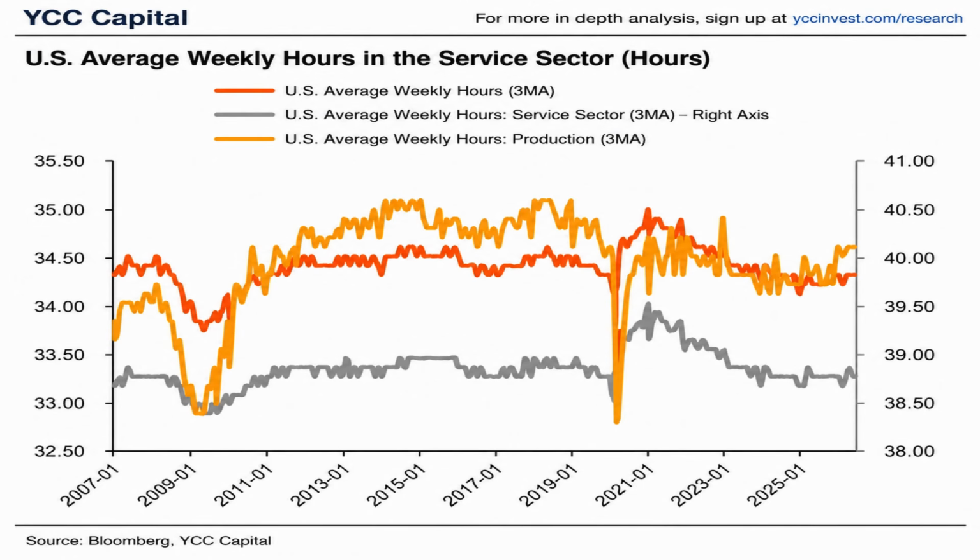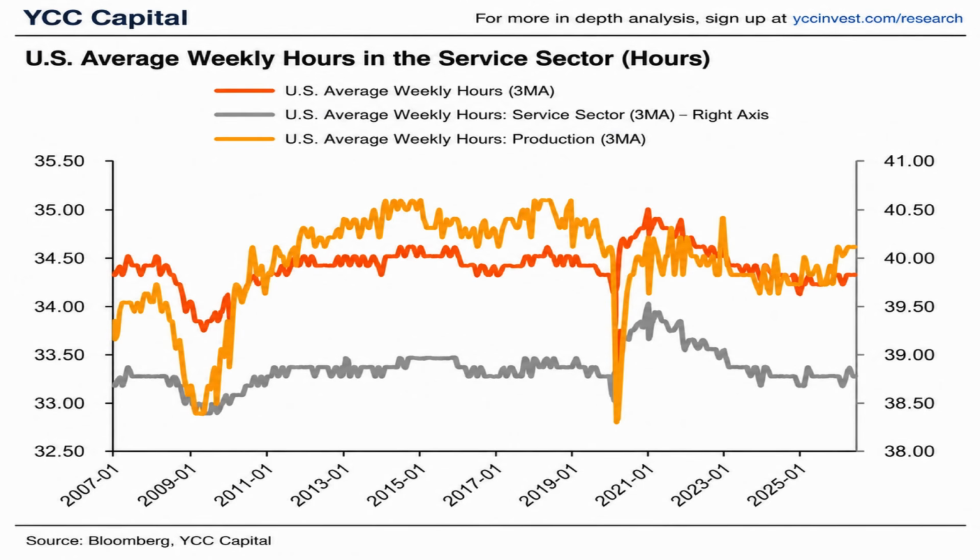Looking at this chart, average weekly hours across the economy, manufacturing, and the service sector have all softened from their post-pandemic highs. However, the decline has been gradual rather than abrupt.